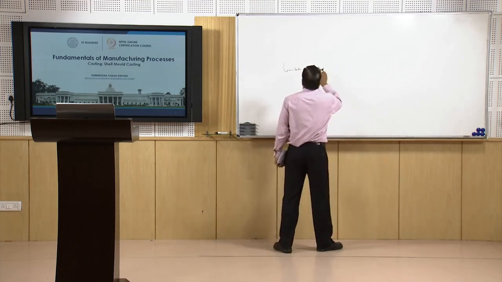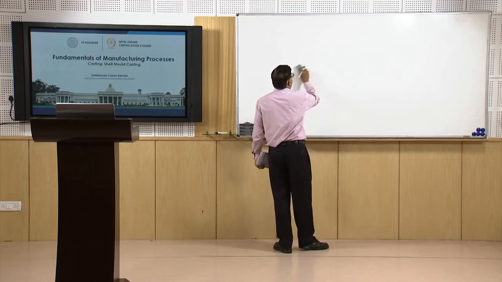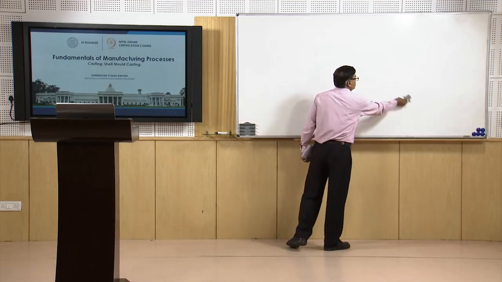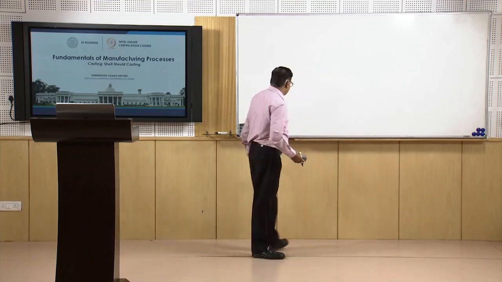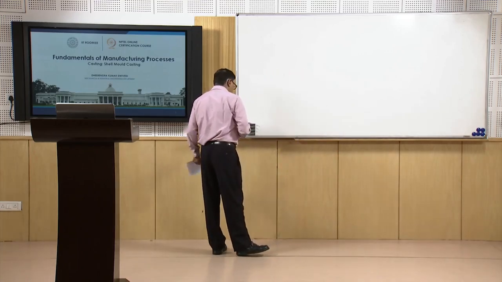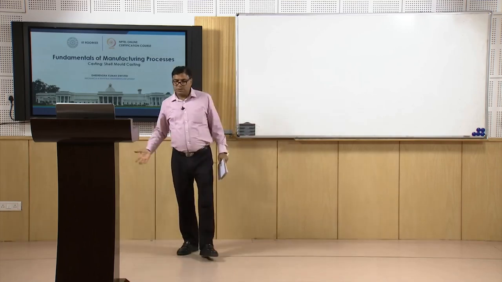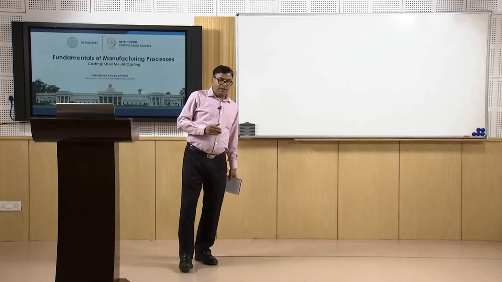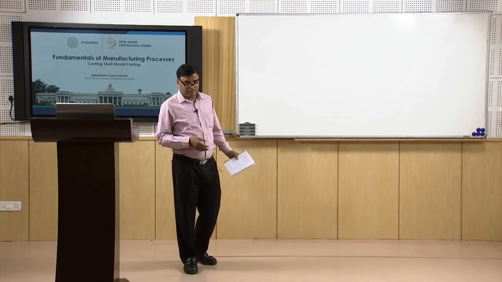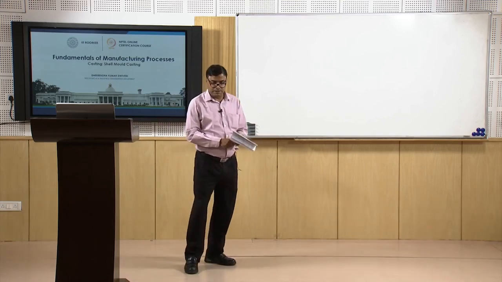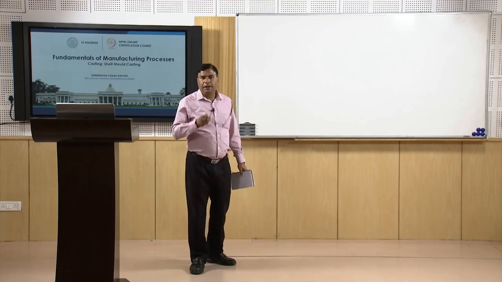For those cases this process cannot be used. Components which can be directly used in service can be produced by the investment casting process, because it offers good surface finish and good control over the dimensions.